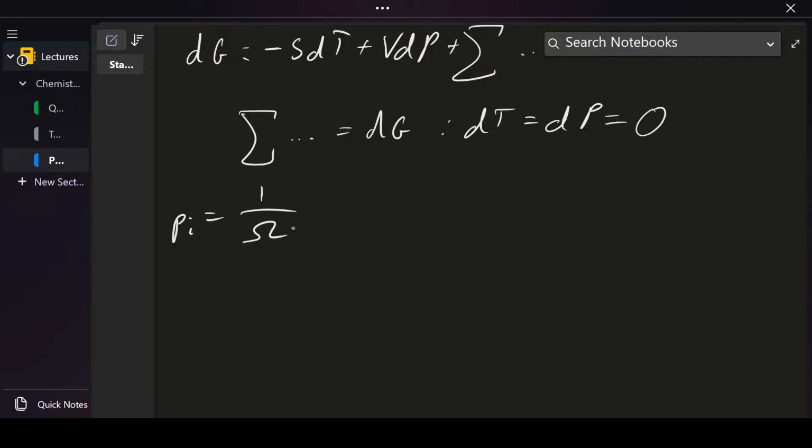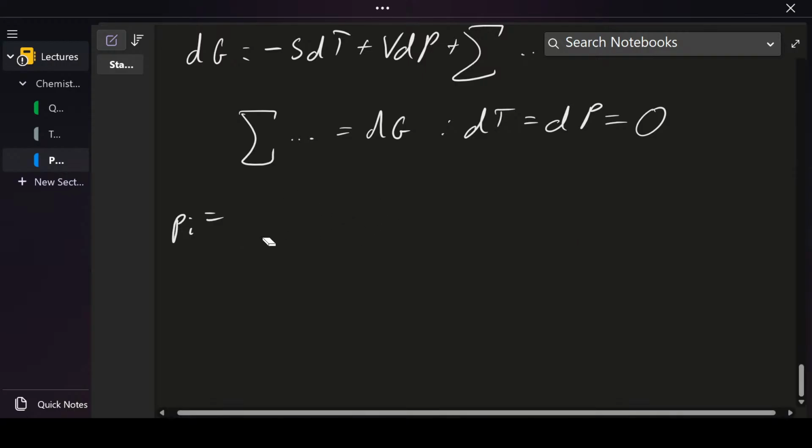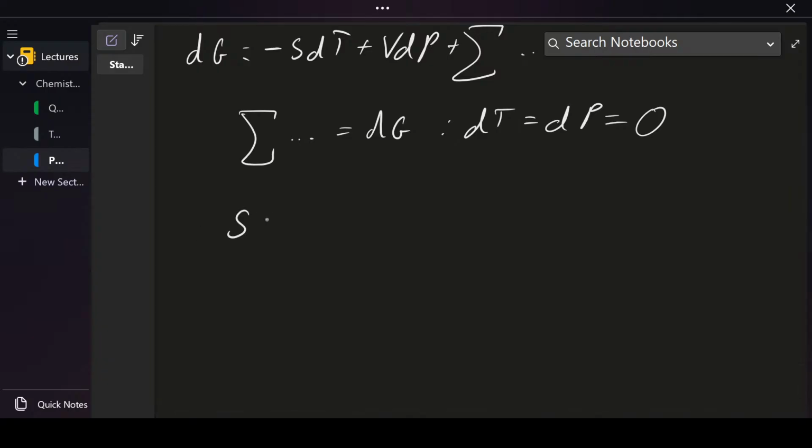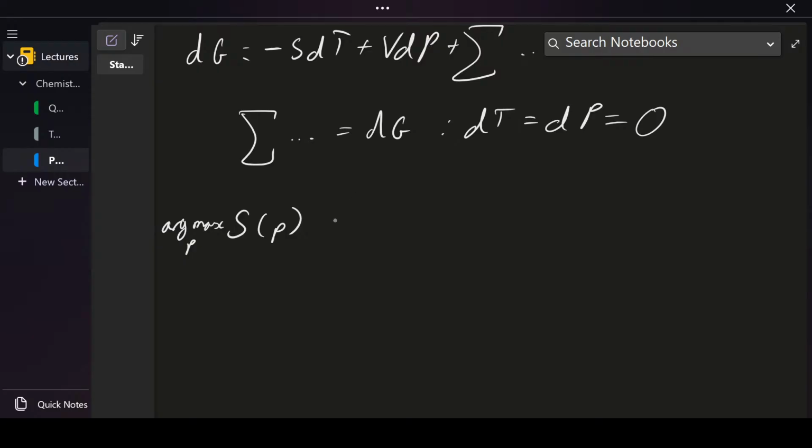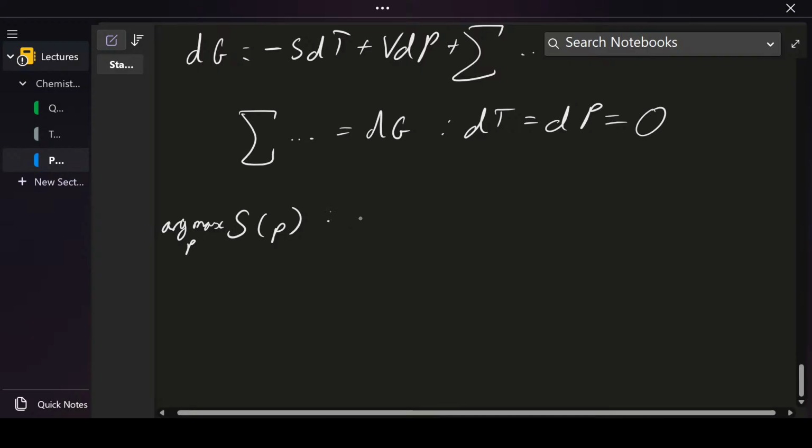When this is the case, and the second law is going to say that when this is the case, it's going to imply that S is maximized. And so if I have S of P, right, I can say that the argument which maximizes this is going to be p_i is equal to 1 over omega.